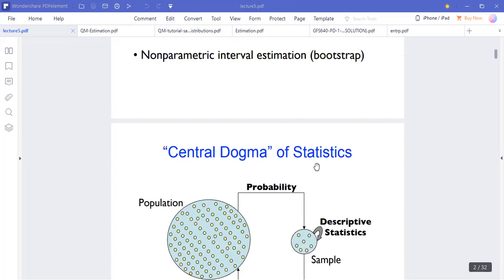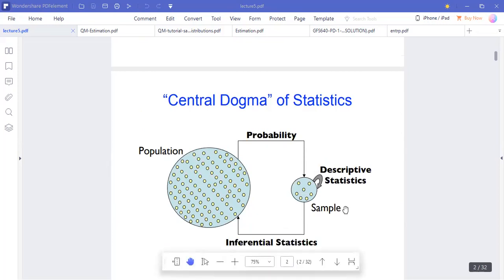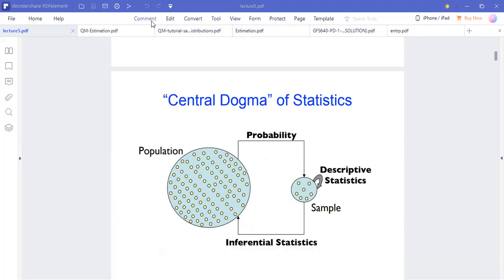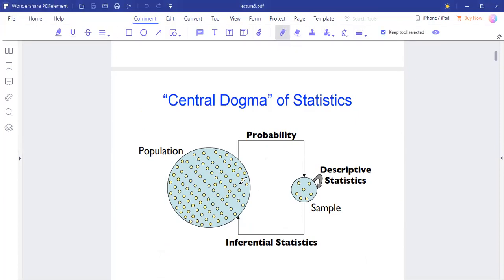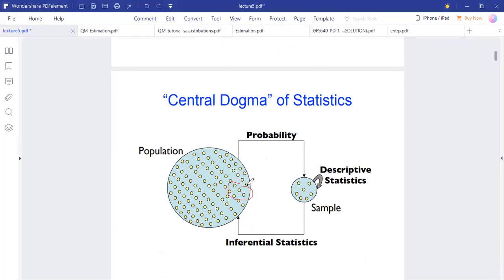We're also going to look at non-parametric interval estimation. To start with, we have to understand the central key principle of statistics. We have an entire population from which a small sample that may represent the entire population will be collected.